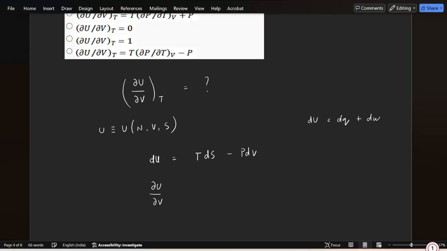So dU by dV at constant temperature. Here there are two variables, so we have to differentiate them separately.